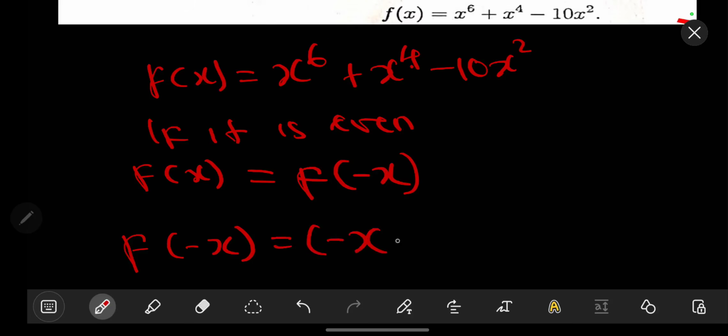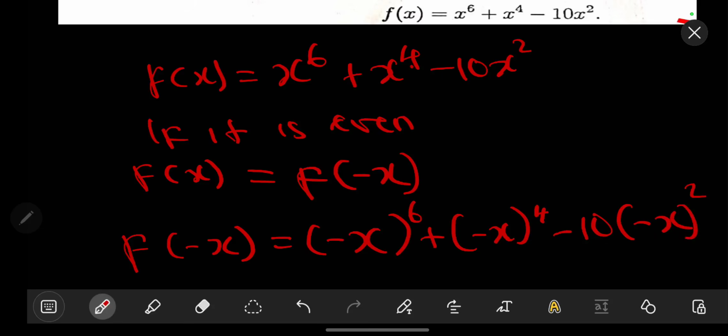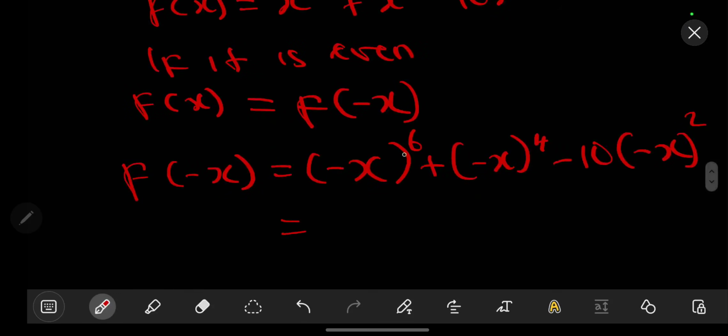So we have negative x to the power of 6, plus negative x to the power of 4, minus 10 times negative x to the power of 2. As long as you have an even power, it changes the sign to positive.